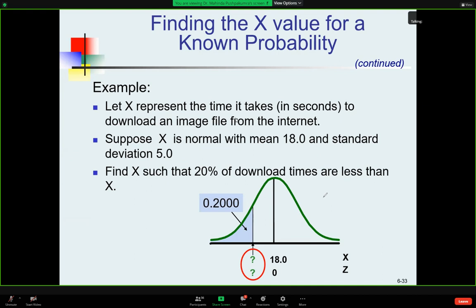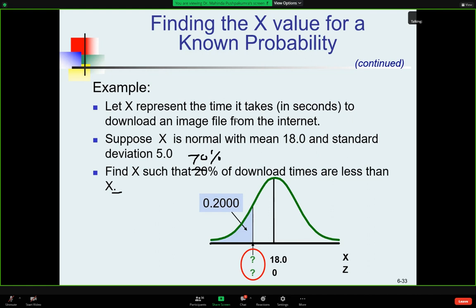Okay, shall I give you one more example similar to this? Let's say 70% of download times are less than x. Then what is the value of x?